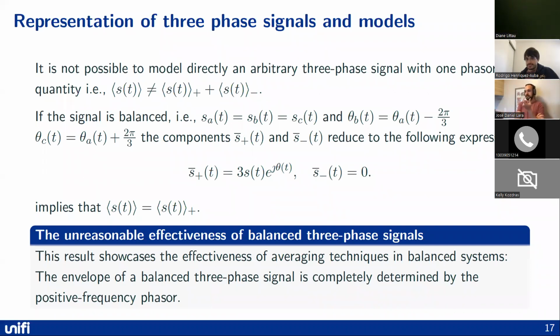So this result showcases why averaging techniques are so effective when applied to balanced systems, right? The envelope of the three-phase complex signal representation is the exact same as the envelope of the three-phase signal. So in this case, we get a significant gain because we go from a signal that has 3 components to an equivalent signal that has 2 components, right?